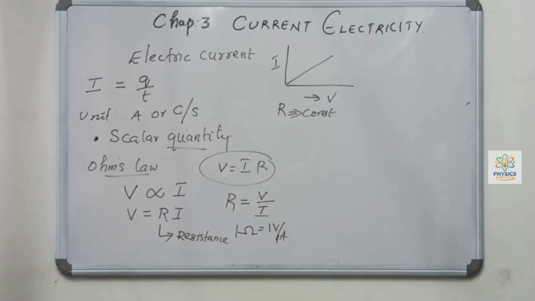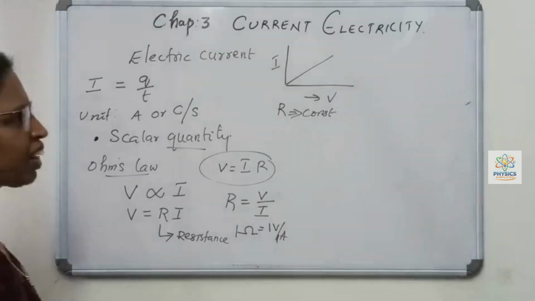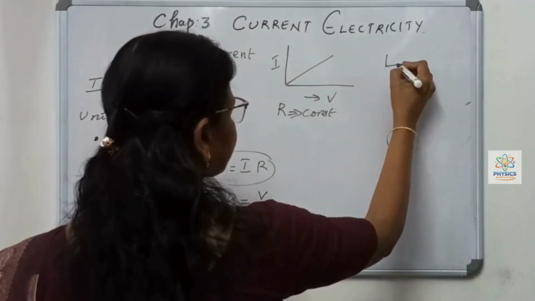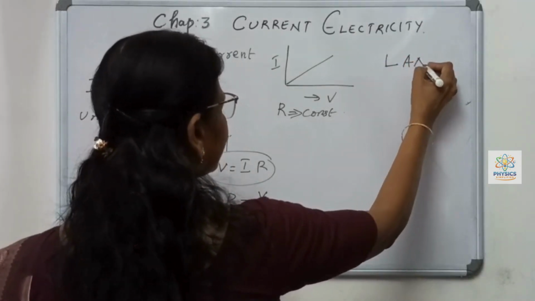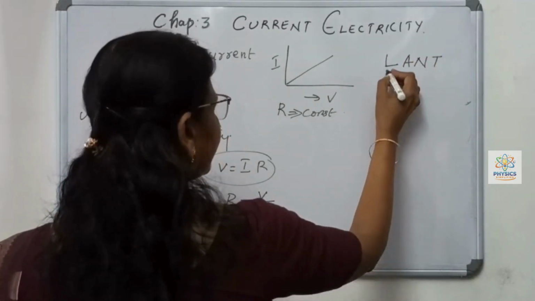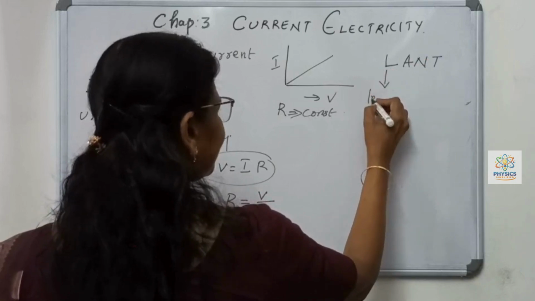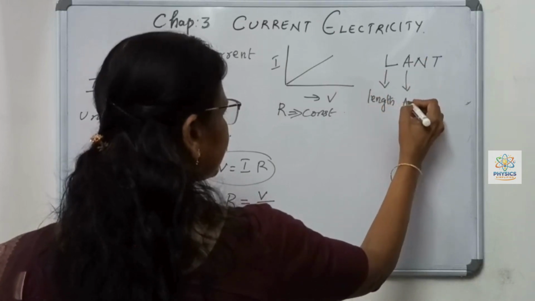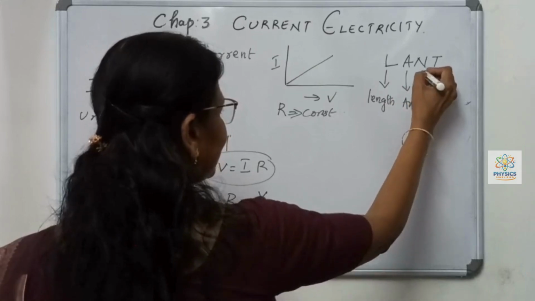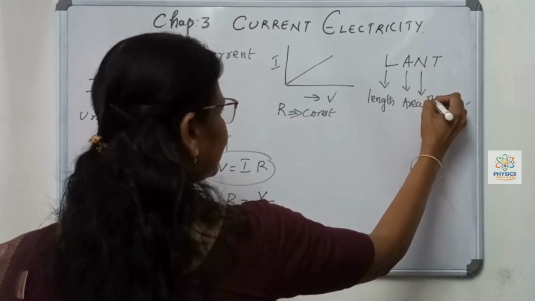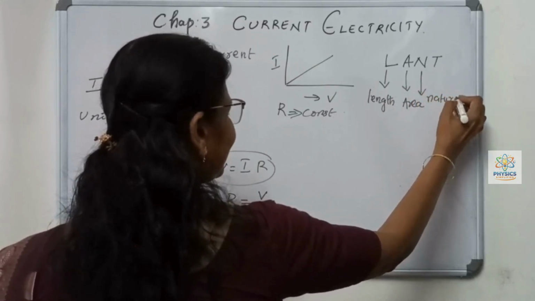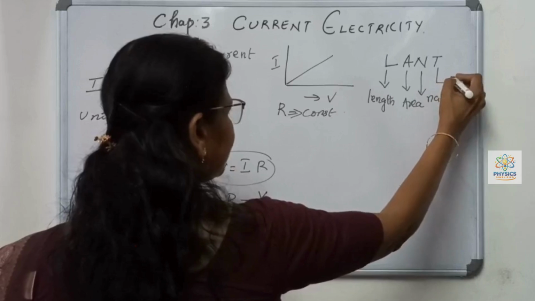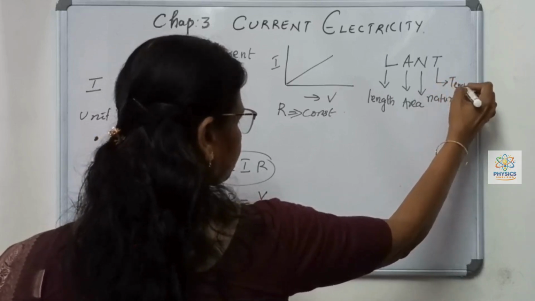The resistance of a conductor always depends on 4 factors. In short, we can represent the 4 factors as L, A, N, T. Here L represents the length of the conductor, A represents the area of cross section, N represents the nature of the material, and T represents the temperature.